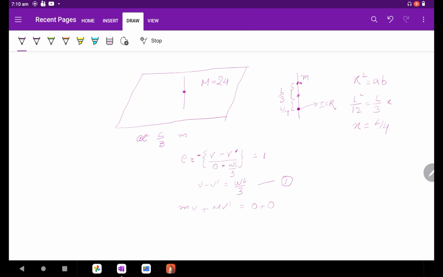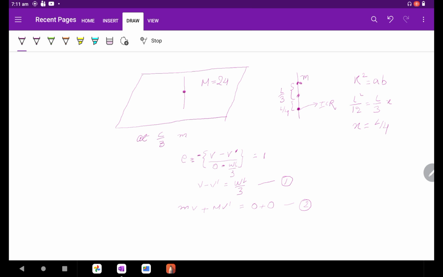And when we write v, what will be the momentum of the body? If you calculate from that point, just before hitting, that point was moving with speed omega into L by 3 plus L by 4. We can figure it out from there. But for now, I'm writing the equation for conservation of linear momentum.